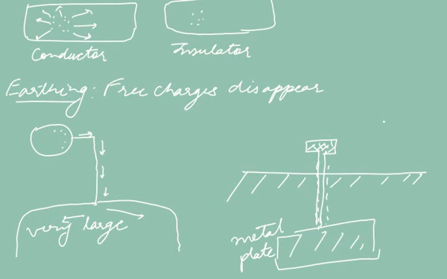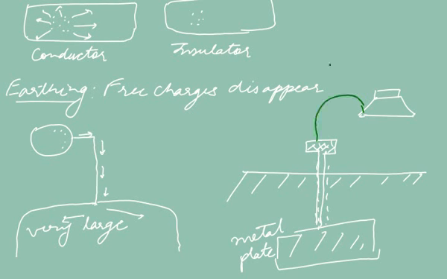So anything which we want to earth, we will connect to this terminal. Let us say I want to earth my iron. I want to provide an earthing connection to it, so that if there is any free charge on it, it should get rid of it, that should not remain on this iron, for safety. So I will connect the green wire of the iron to the earthing terminal.